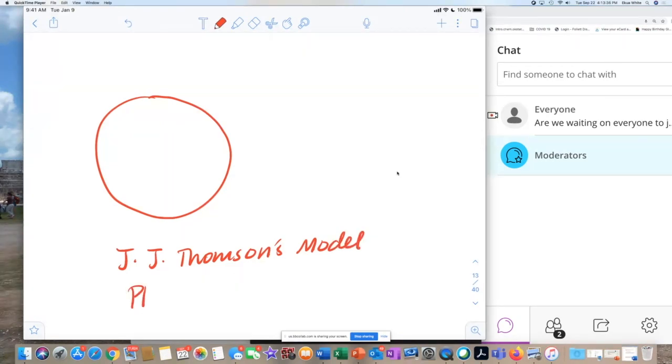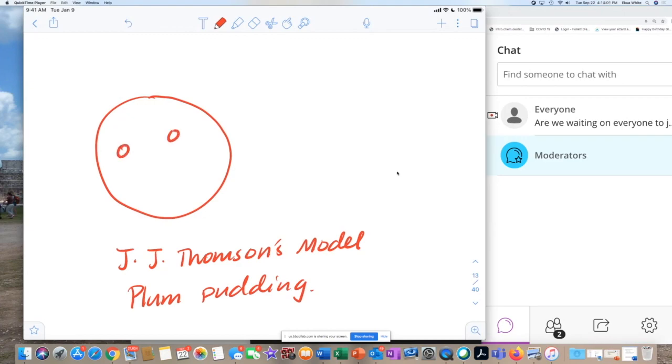He calls this a plum pudding model. Now, in America, it's hard to really understand the plum pudding. What is a plum pudding? So, of course, we got Google. So I went ahead and Googled, and I would think a pudding would be soft, but plum pudding looks more like a muffin. So imagine a muffin that came out round, like a donut hole. So it's round, but it's really a muffin.